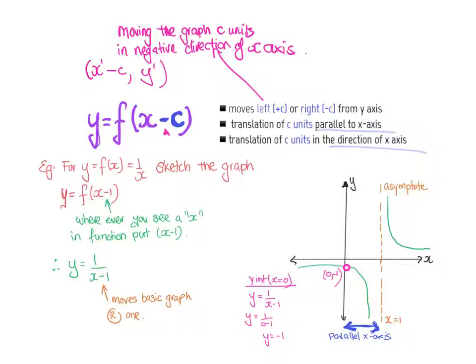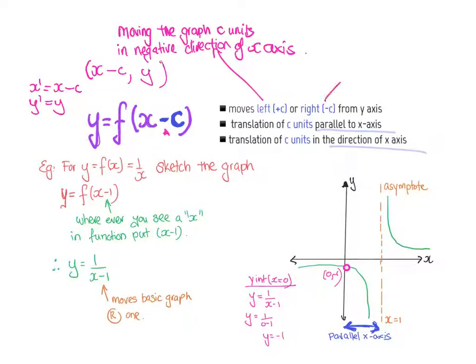And if you look, what we're really saying is the image x is the normal x minus c, because you're moving it to the left, and the image y is the same.